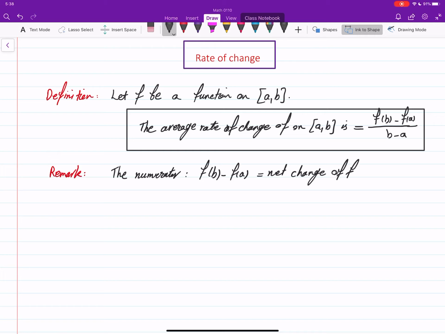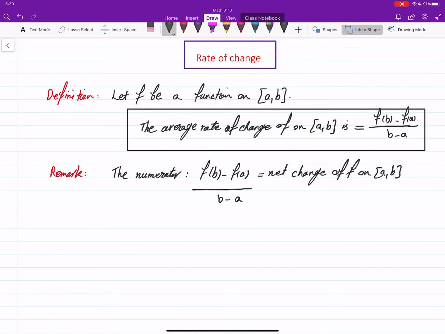of f on [a, b]. Now we want to see, for this change that happened on the interval [a, b], what is the rate of that with respect to the change of x. So b minus a is how much x changes, and on that interval f changes that much.